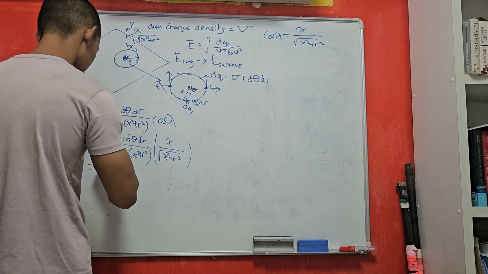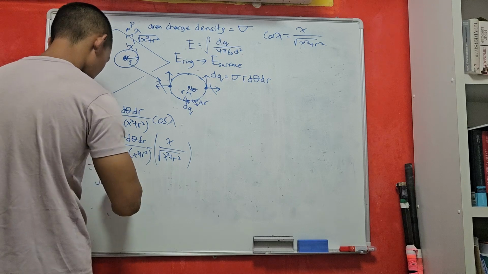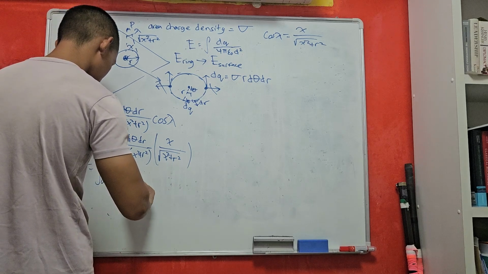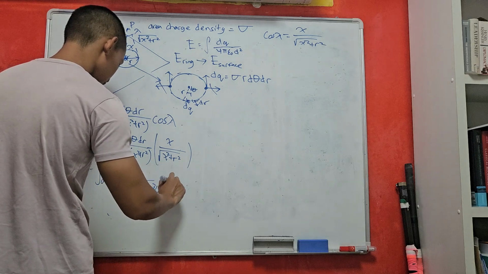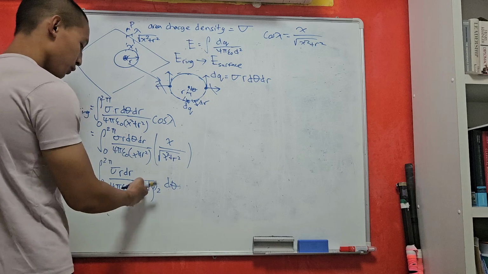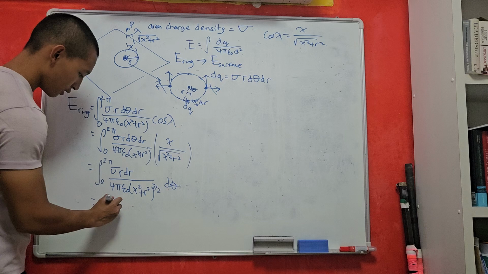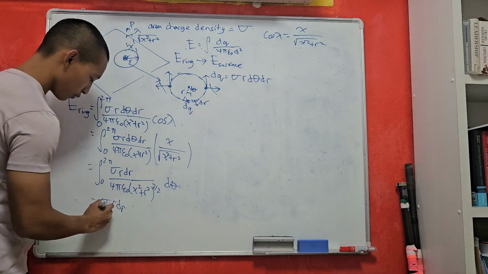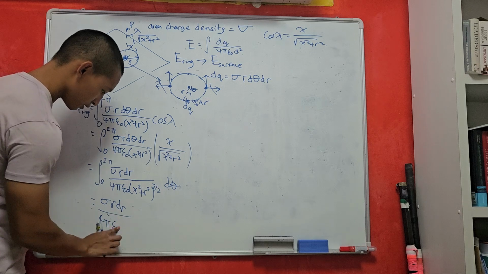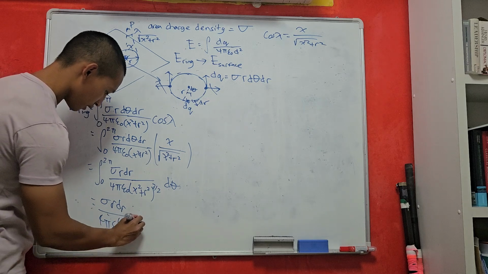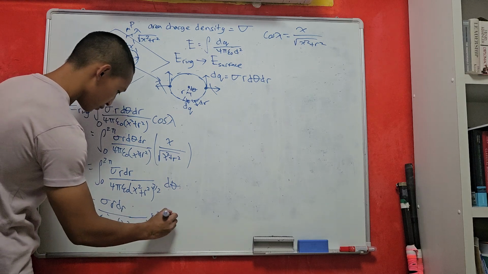And this is just the integral of sigma r dr over 4 pi epsilon naught times x squared plus r squared to the 3 over 2, d theta. And because there is no theta inside this expression, it will just be equal to sigma r dr over 4 pi epsilon naught times x squared plus r squared to the 3 over 2, times 2 pi.